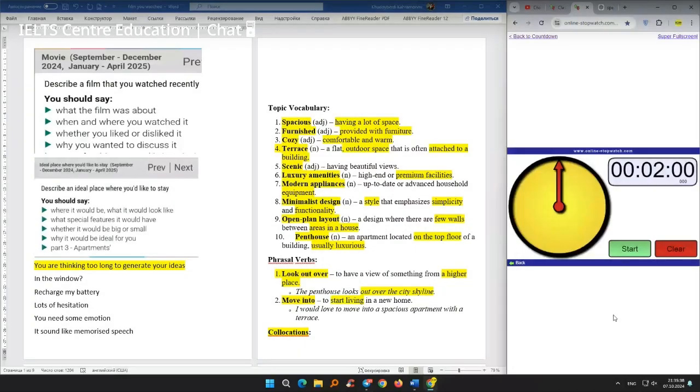which means in our statements, in our sentences, there should be some punctuation, right? Like a comma, like a full stop, which means you need to learn how to speak with pauses, like short pauses, like long pauses, and some emotion.